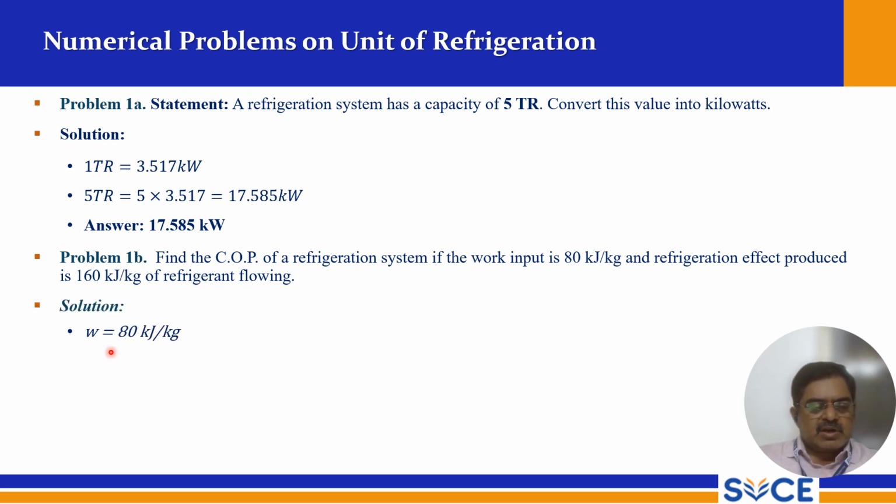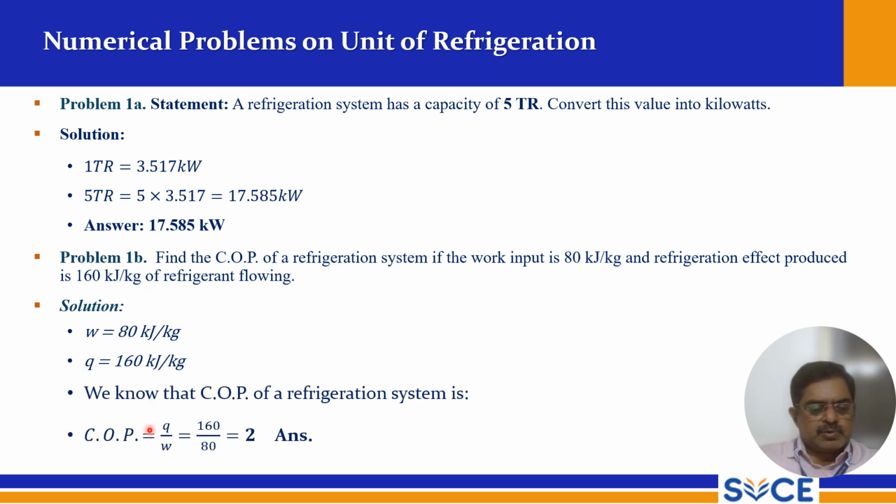Solution: W, the work input, is 80 kilojoules per kg and Q is 160 kilojoules per kg. COP is equal to Q by W. So Q by W, 160 by 80, equals 2. So 2 is the coefficient of performance for this particular refrigeration system.